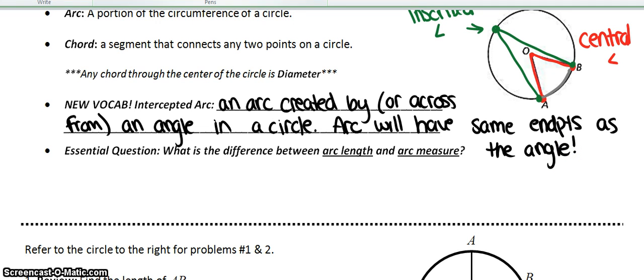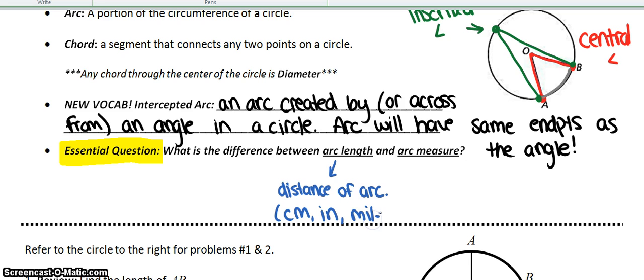The essential question for today is, what is the difference between arc length and arc measure? So arc length is the distance of the arc. Okay, so you'd measure arc length in centimeters, inches, miles, kilometers, etc. It's a distance of how long that arc is.